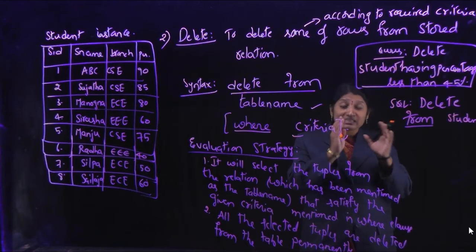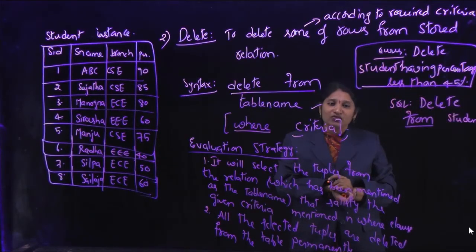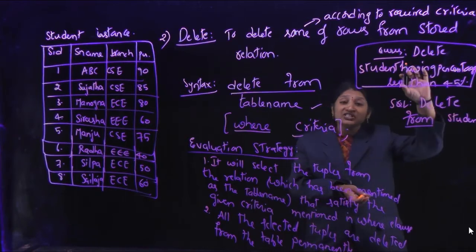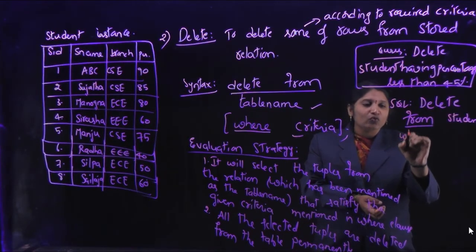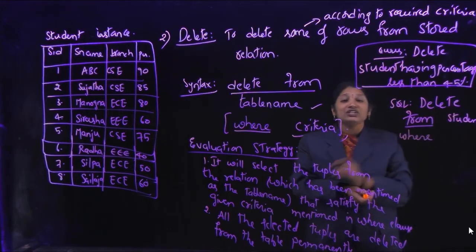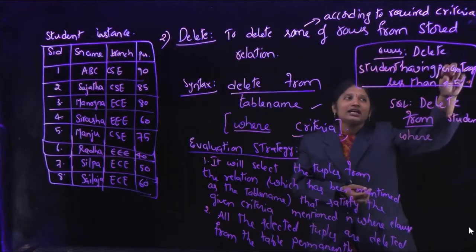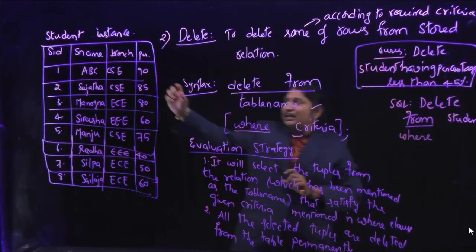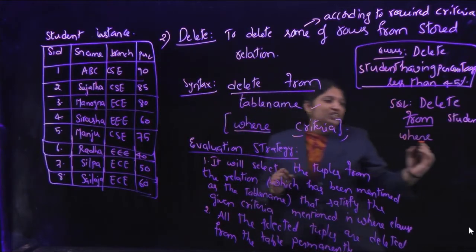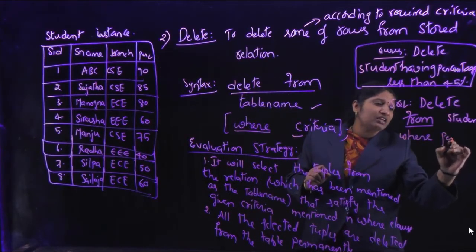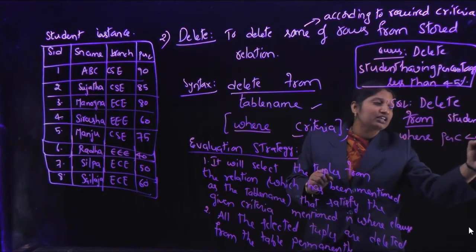You want to delete only the tuples having percentage less than 45. So you must mention that criteria in the where clause. Corresponding to the percentage, what is the attribute of your student table? PRC. So you can mention the attribute here: where PRC less than 45.